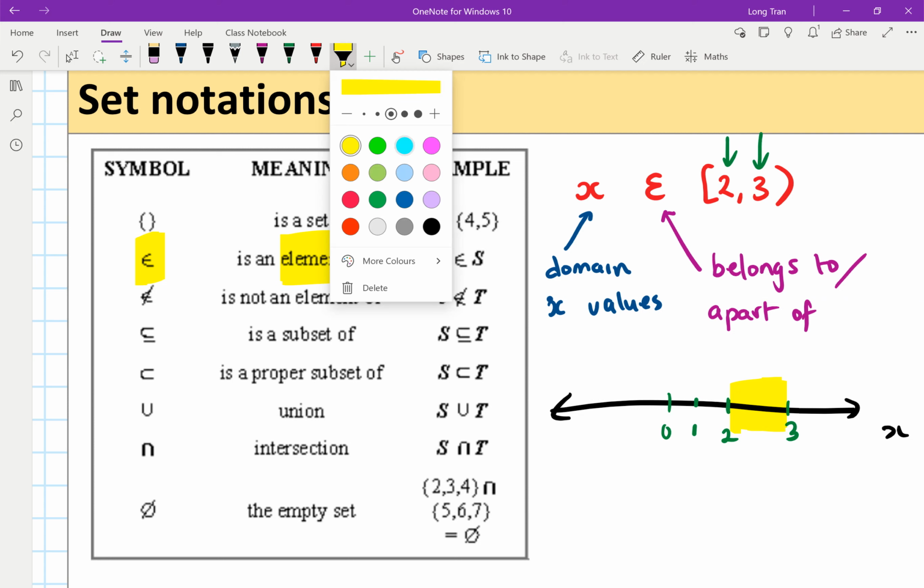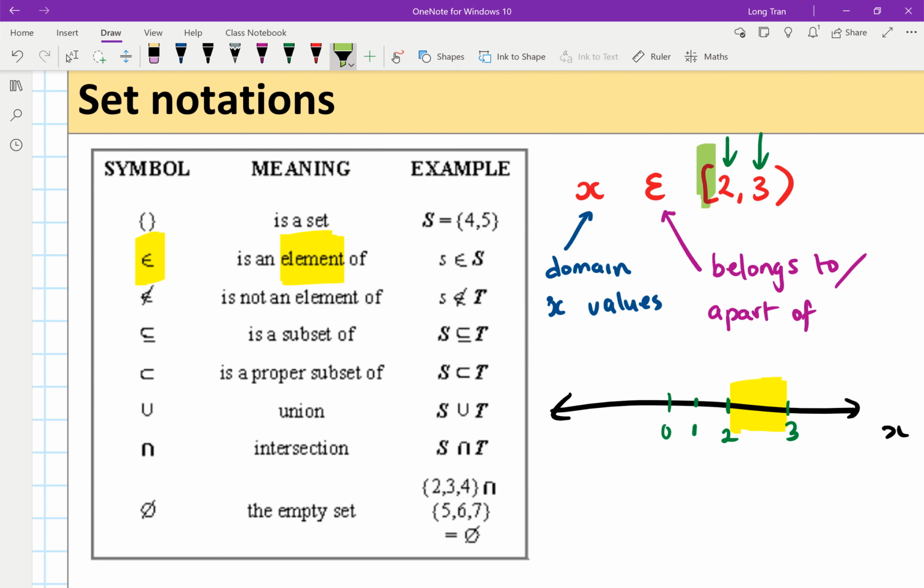So I'm going to highlight the brackets. This bracket here, notice it's a square bracket. That means to include. The next one, which we call the open bracket, so it's a curved one. An open bracket, we say exclude.